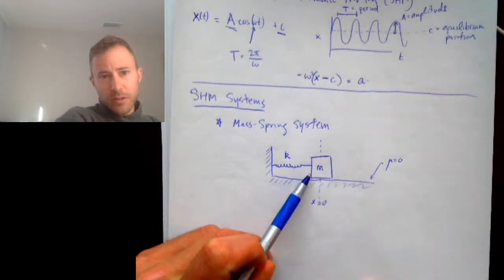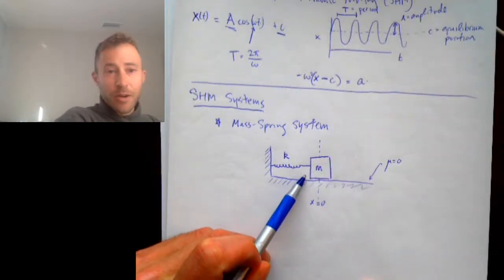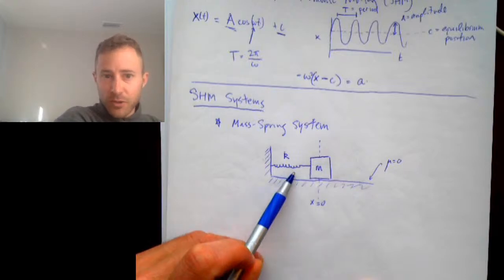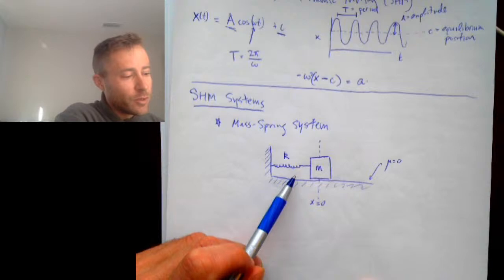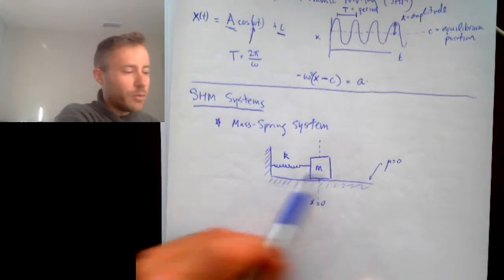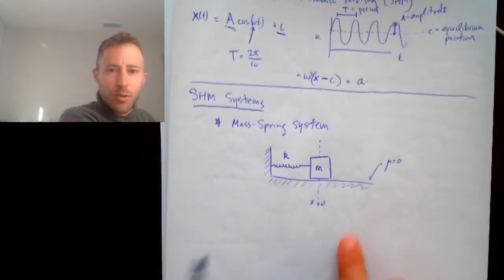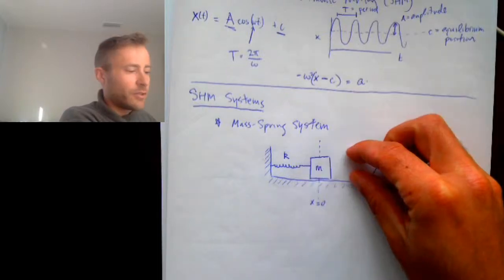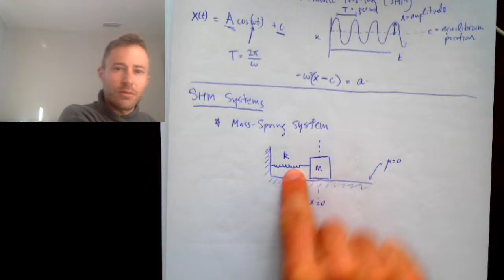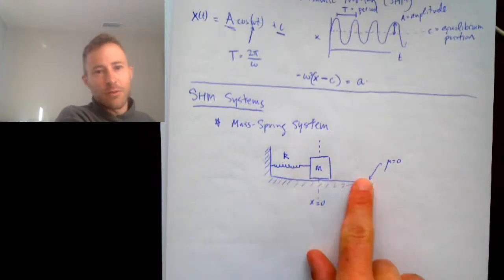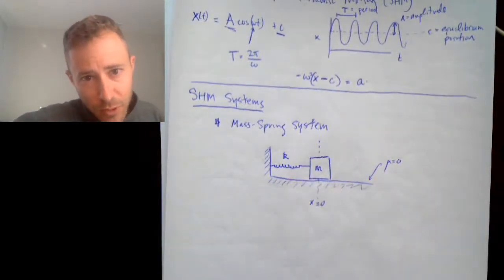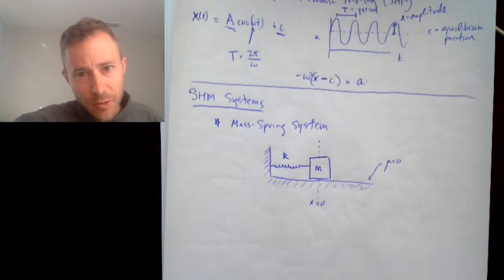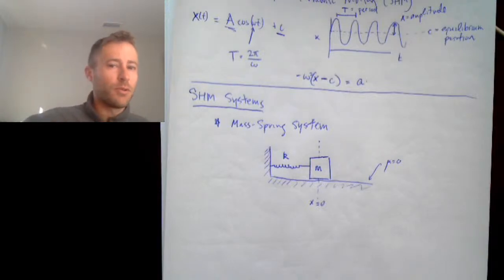If you were to push it to the left, that's going to compress the spring, and springs don't like being compressed just as much as they don't like being stretched, so it's going to push back. So if you were to pull this mass and release it, it's going to go back and forth. So this system will undergo simple harmonic motion.